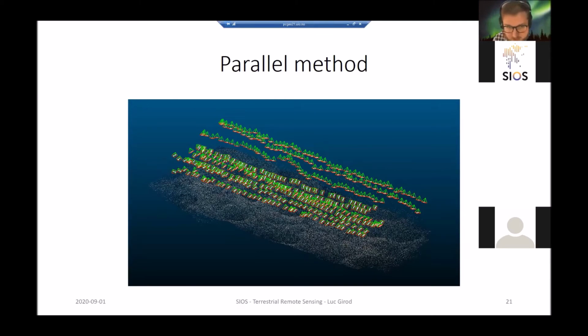That's an example of a survey. So that's up northwest of Ny-Ålesund on some sorted circles. I'll actually come back to that case later, and that's actually the data we're going to have a look into this afternoon. So here you see a number of lines of flight taken parallel to each other, looking at the central object.